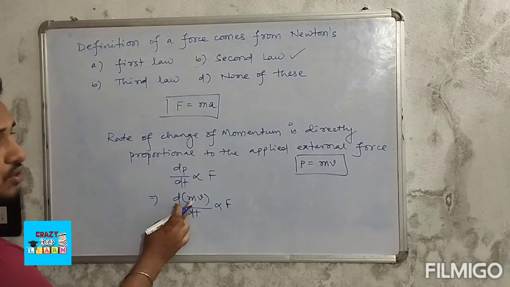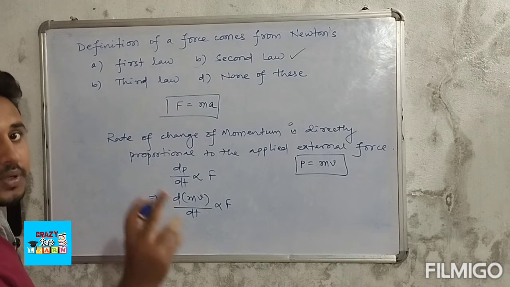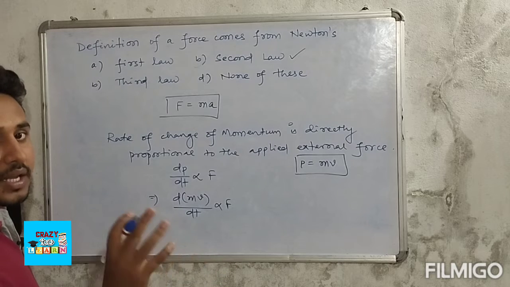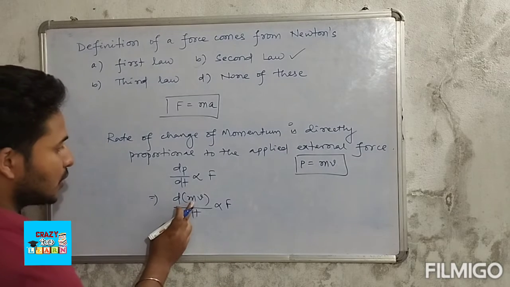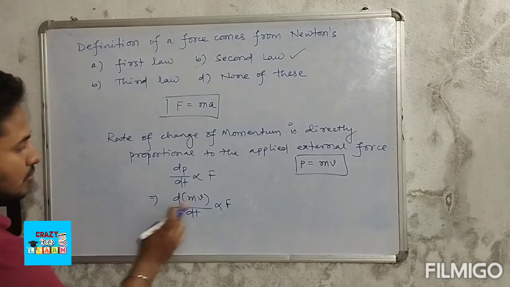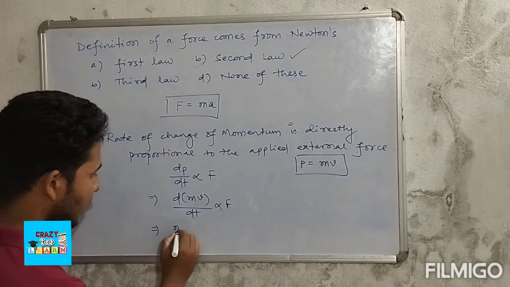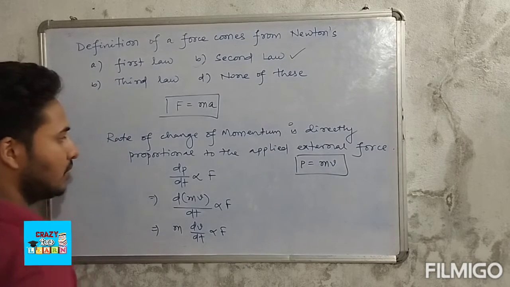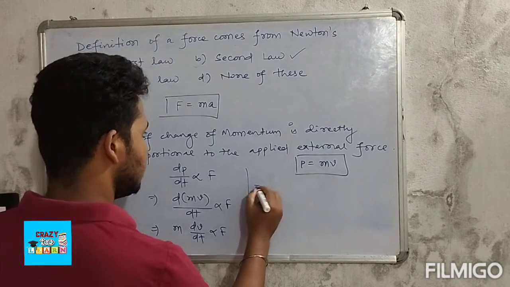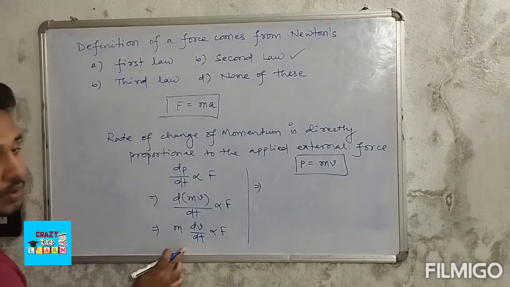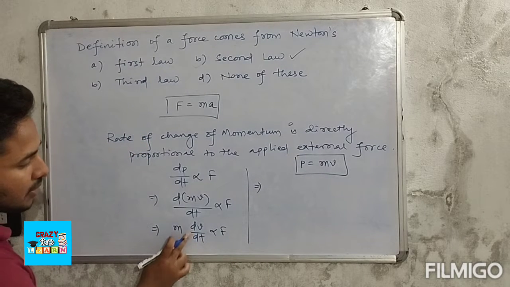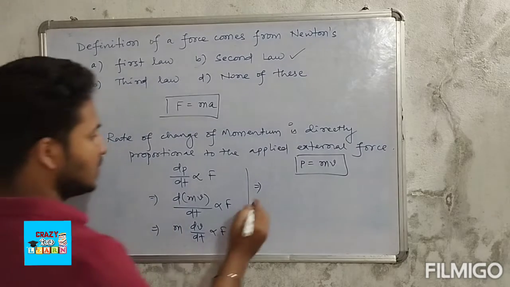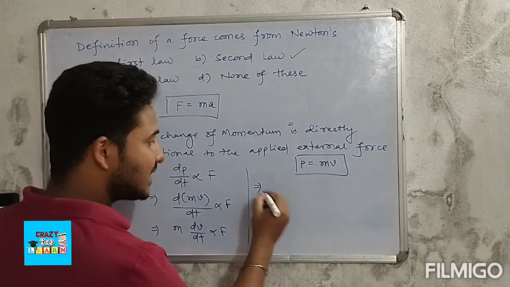As we know that mass is constant for a constant object, if you take an object throughout the observation, the mass of the object is the same. So you can take the mass as a constant factor. Take it out. What will you get? m dv by dt proportional to F. We know dv by dt is the rate of change of velocity with time, and the rate of change of velocity is acceleration.